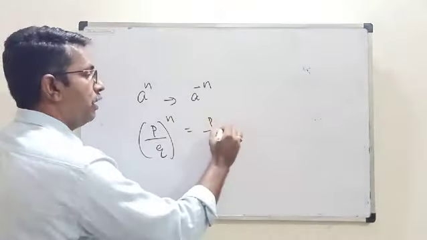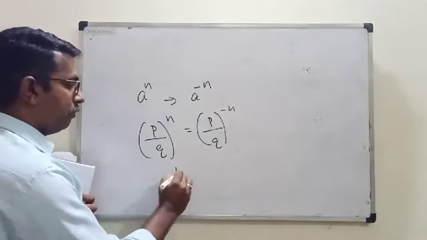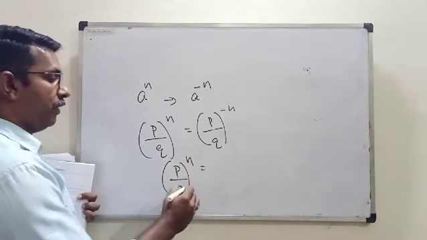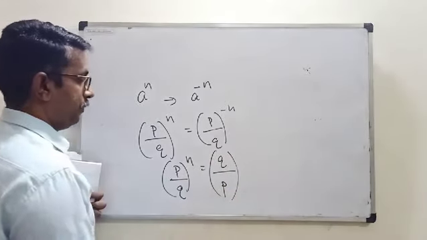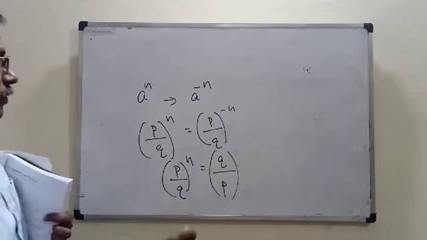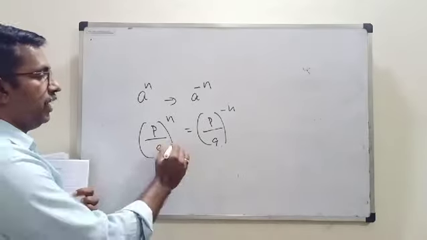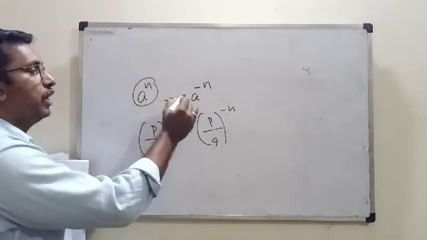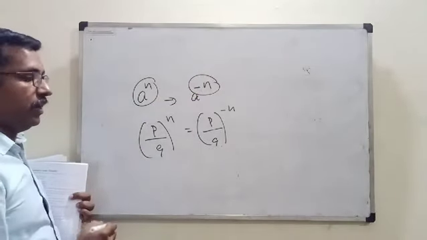It can be written as p by q to the power minus n, or q by p to the power n. So this is the multiplicative inverse. If a to the power n is a given exponential number, we can write a to the power minus n as the multiplicative inverse of that.